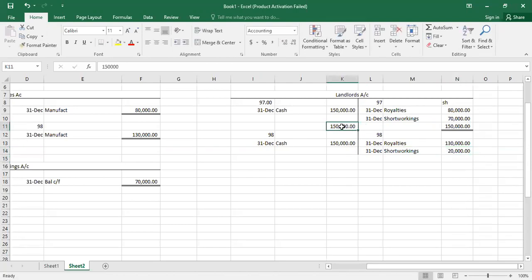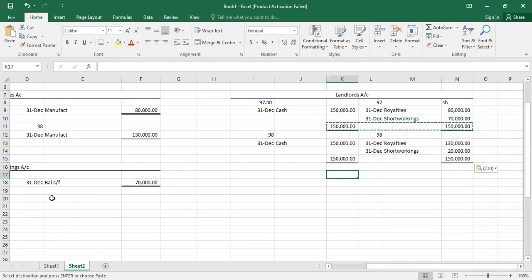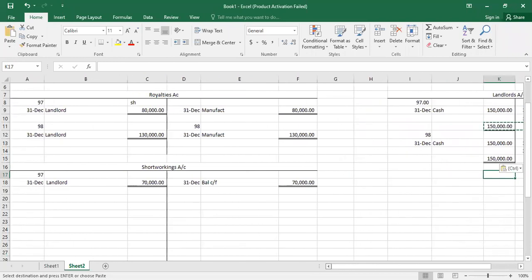So we again close the books. Allow me, in the interest of time. So there we are, but not without debiting our short working account.